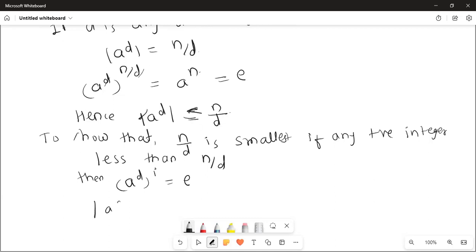Then the order of a raised to d is equal to n divides d.